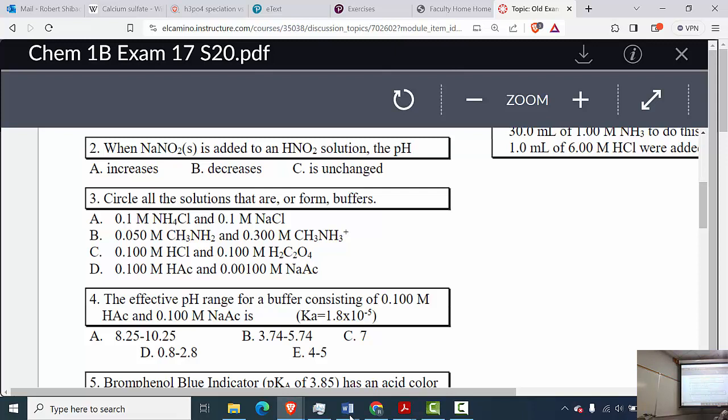What should the base to acid or acid to base ratio be for a buffer? 1 to 1 would be optimum. But you don't want it too lopsided. You don't want it to go beyond what? What are the limits of a Henderson-Hasselbalch buffer?